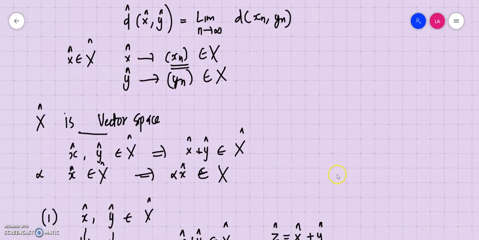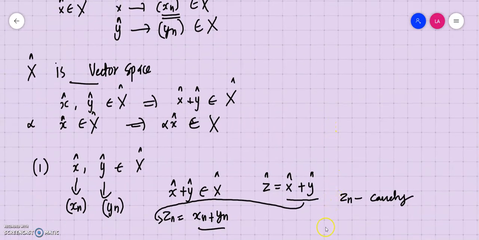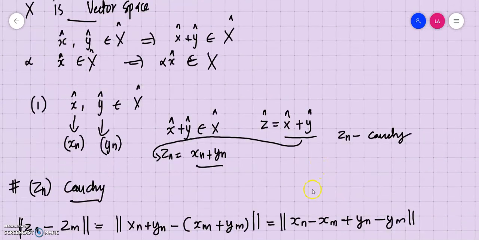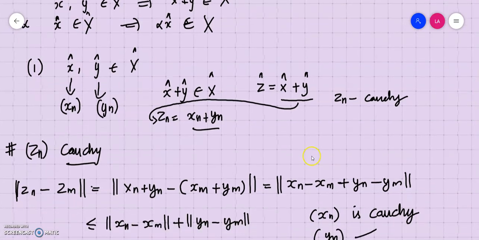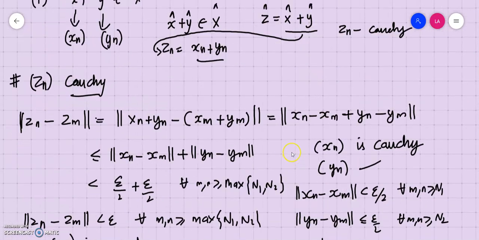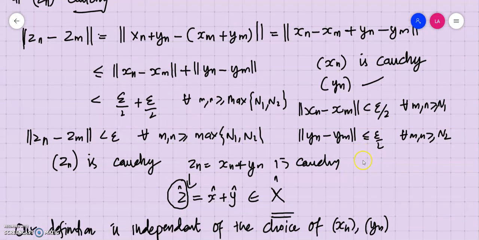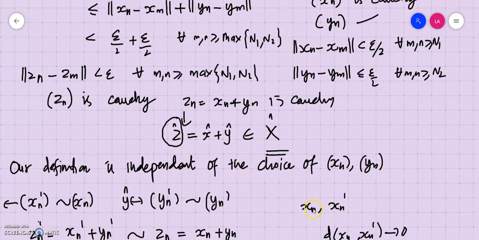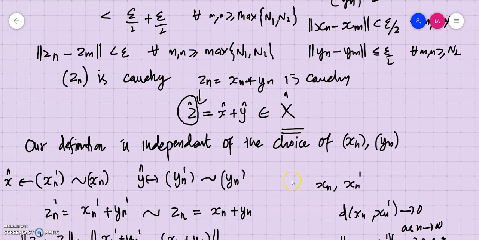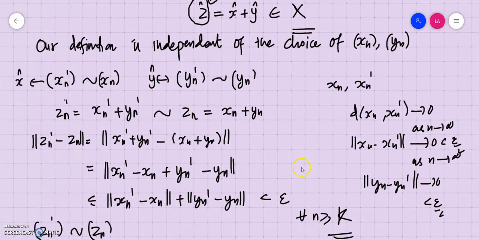So for x cap, y cap elements of X cap, the sum and scalar product should be an element in the same space. For that, the associated sequence should be Cauchy. We have proved that the associated sequence is Cauchy. So vector addition and scalar multiplication are valid in X cap.